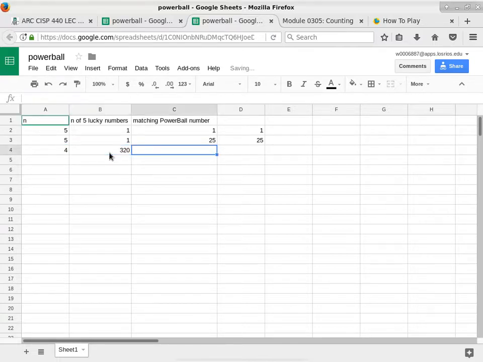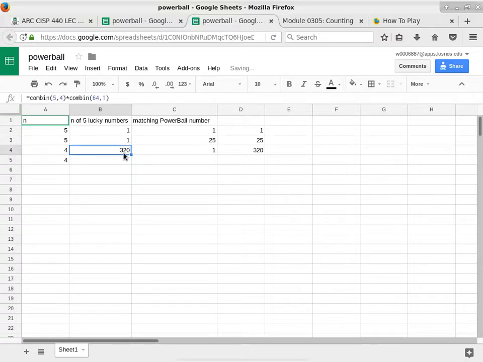And this time I do want to match the Powerball number because that's a higher value prize. So when I multiply these things, okay, undo. I think I just deleted it instead. There we go. So we have 520 unique lotto tickets that will match 4 out of the 5 lucky numbers, and also match the Powerball number itself.